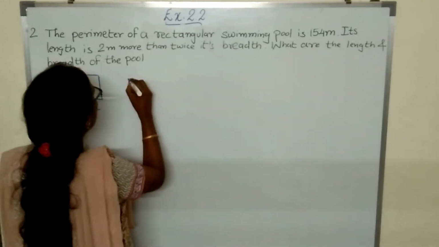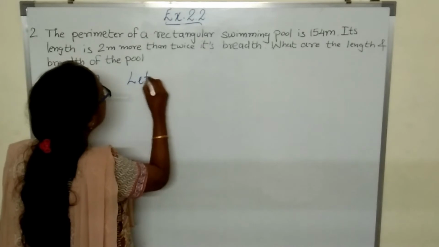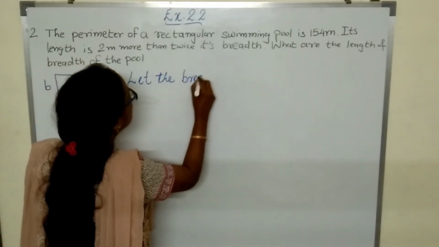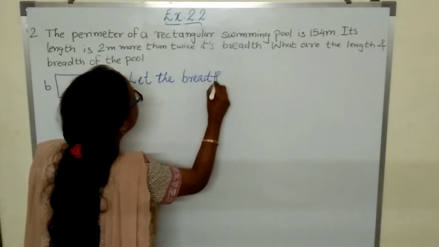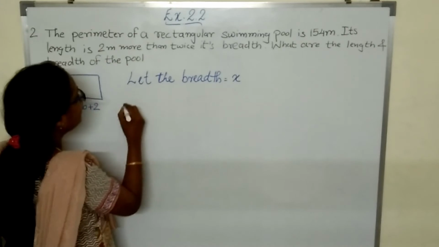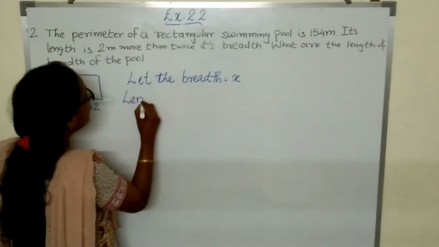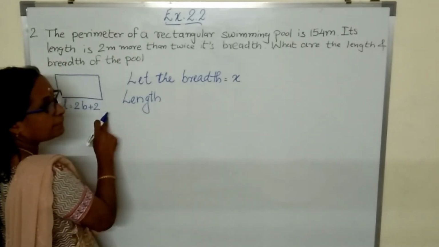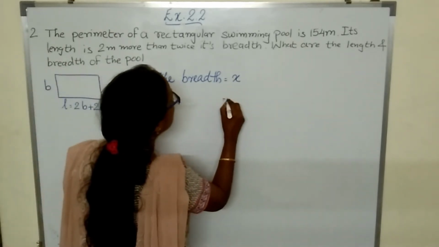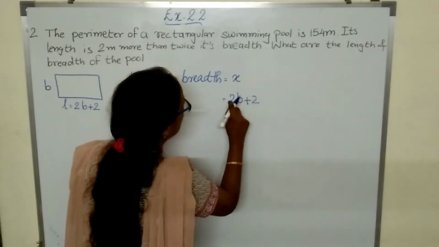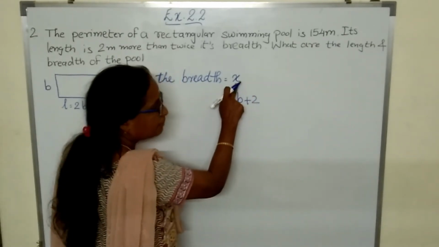So we don't know the length, we don't know the breadth. But if you know the breadth, you can find out the length. So let the breadth be equal to x. So what will be the length? Length is equal to 2b plus 2, b means breadth.